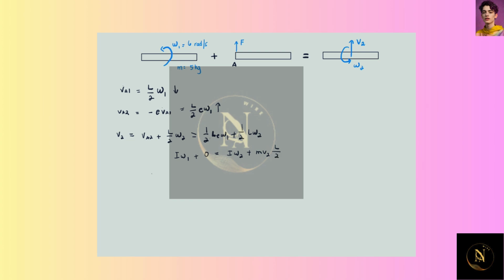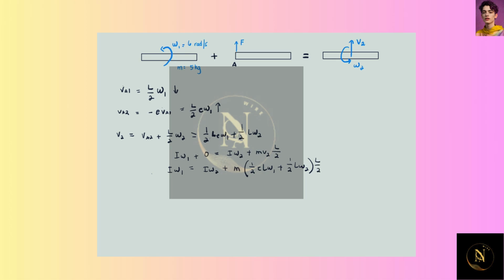We can substitute now the equation for v2 that we have earlier. So this becomes I omega 1 equals I omega 2 plus m times 1/2 e L omega 1 plus 1/2 L omega 2 times L over 2.